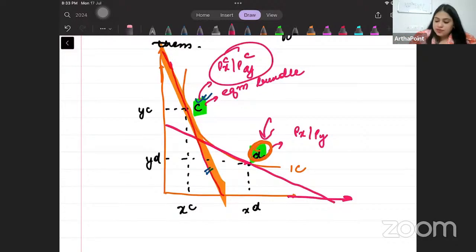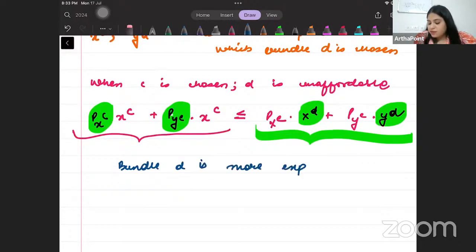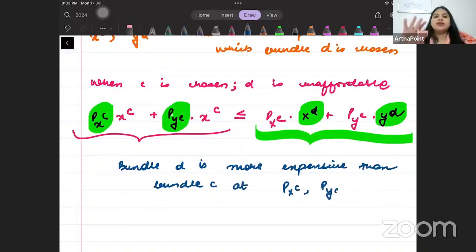So let's write down: bundle D is more expensive than bundle C at the prices PXC, PYC.